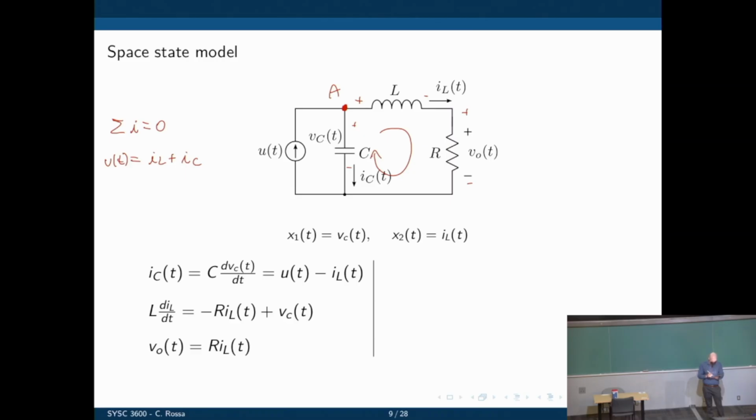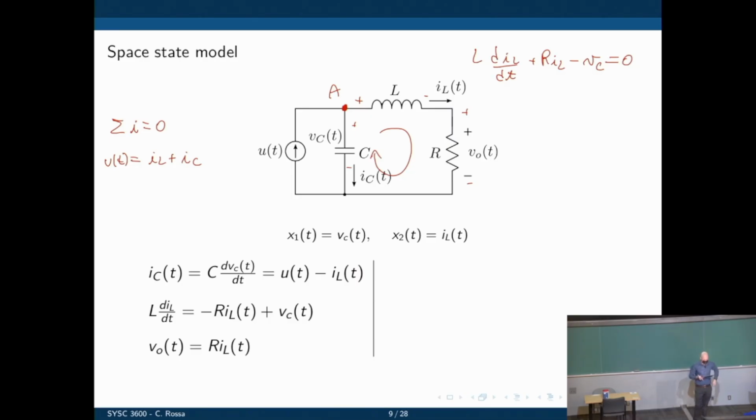We have the voltage across the inductor as L dIL/dt plus the resistor minus VC equals 0. Why minus VC? Because look, when I go through the capacitor, I go from minus to plus. And everybody else goes from plus to minus.